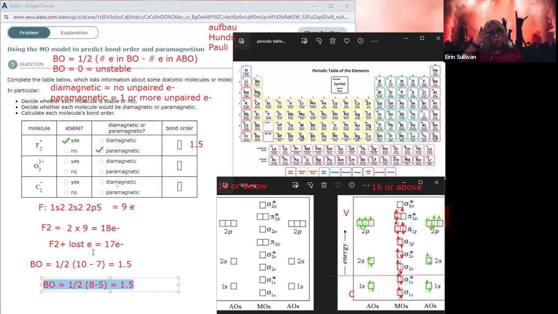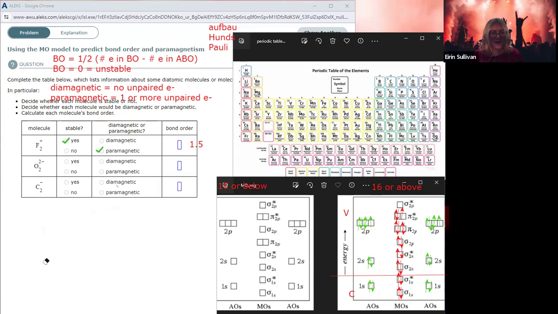So I'm going to ignore the O2. You guys can do that. And I'm going to do the carbon example so we can use my other side. So I'm going to do C2 minus. First of all, carbon electronic configuration 1s2, 2s2, 2p2.